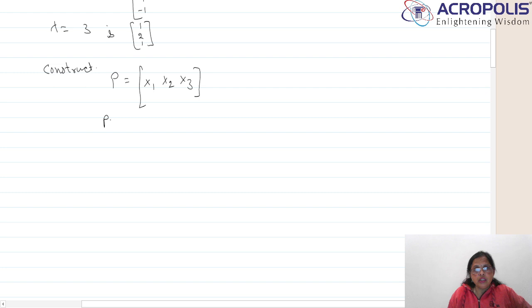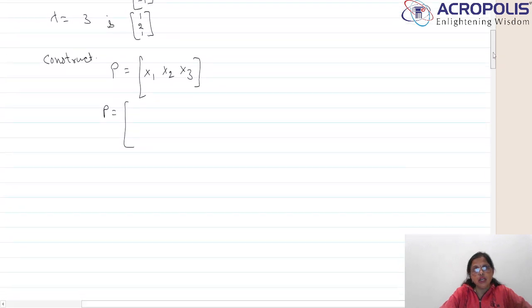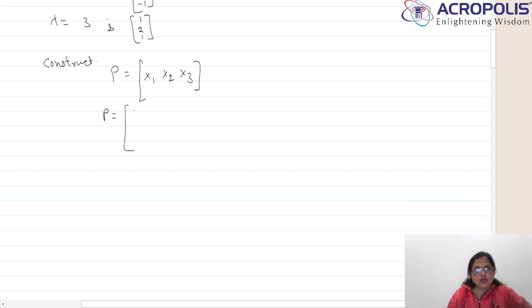Write all the eigenvectors in column form, and we get the model matrix. So our model matrix: the first eigenvector is minus 1, 4, 1, the second eigenvector x2 is 1, minus 1, minus 1, and the third one is 1, 2, 1.